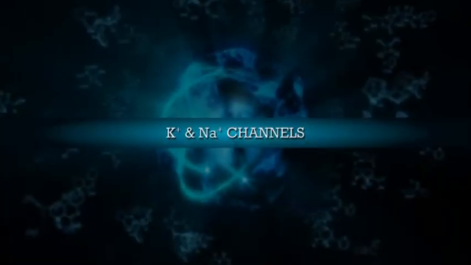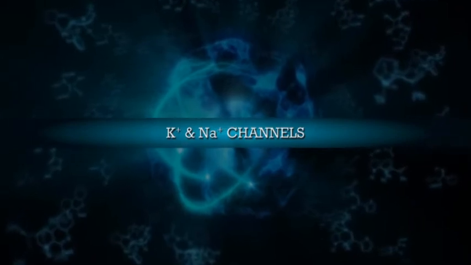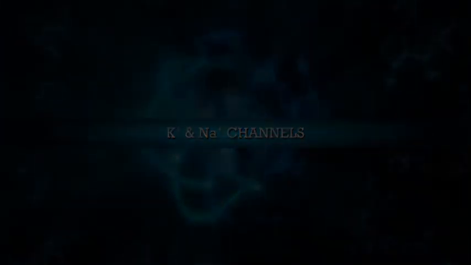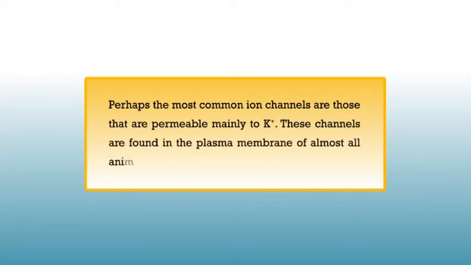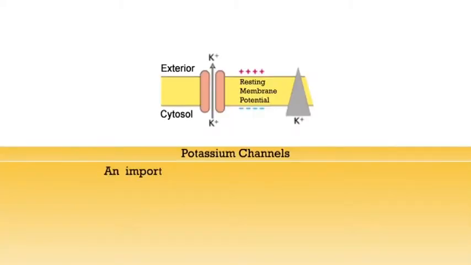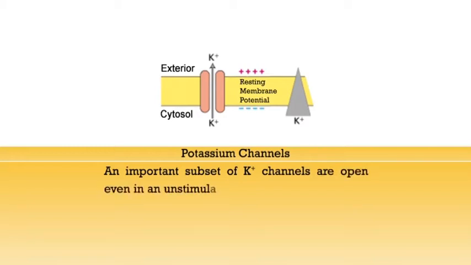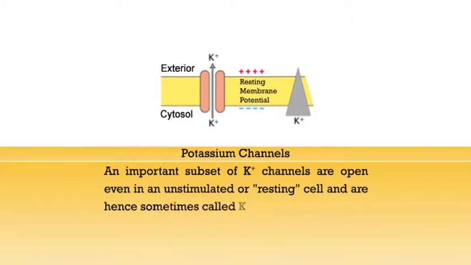Now let's study the potassium and sodium channels. Perhaps the most common ion channels are those that are permeable mainly to potassium ions. These channels are found in the plasma membrane of almost all animal cells. An important subset of potassium ion channels are open even in an unstimulated or resting cell and are hence sometimes called potassium ion leak channels.